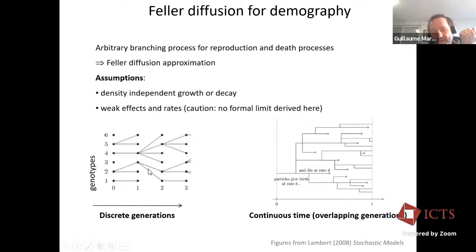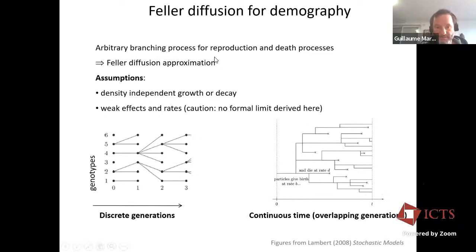This diffusive limit goes from either discrete or continuous time to continuous time directly, and from discrete states, since these are counts of individuals, to a continuous state. So the number of individuals is treated as a positive real number. That's a diffusion approximation.